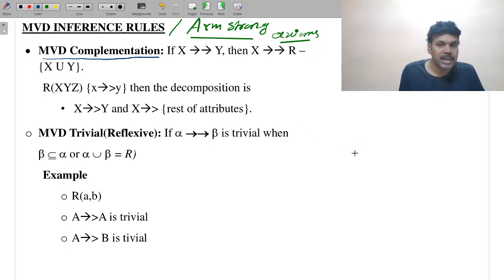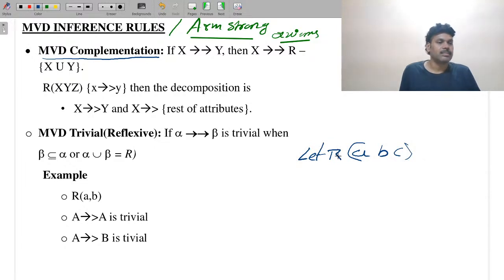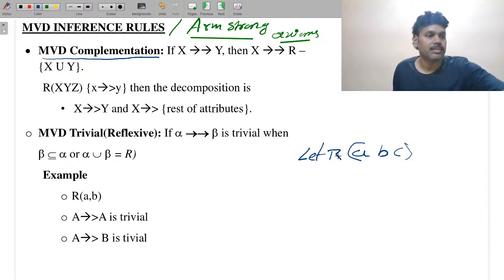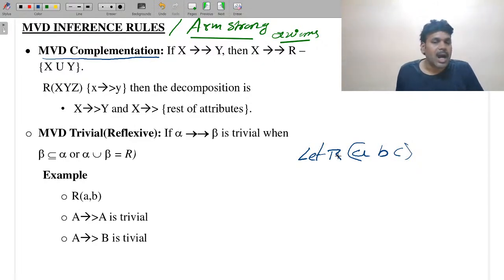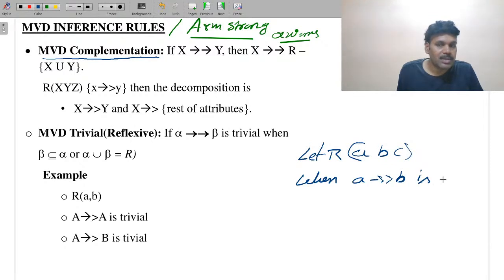What is complementation? Look. Let R of ABC. Now when A implies B is proved.